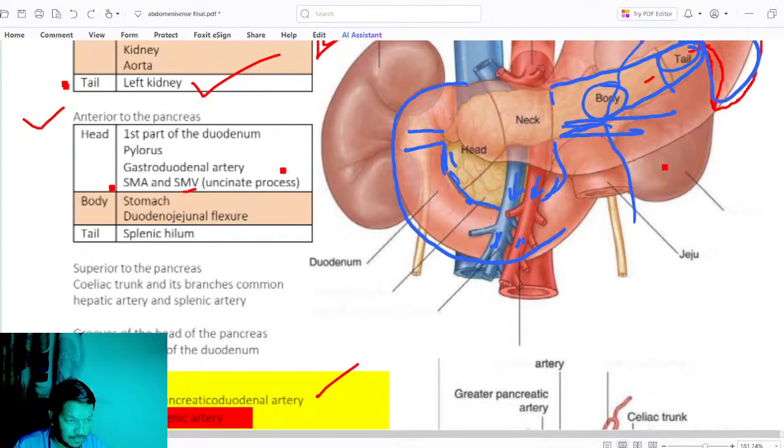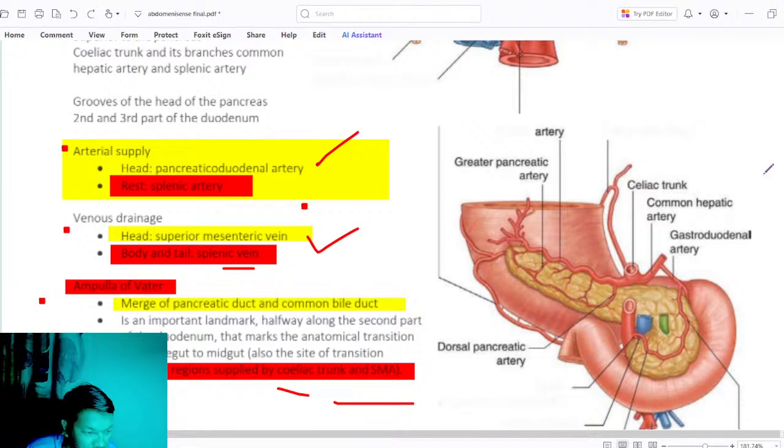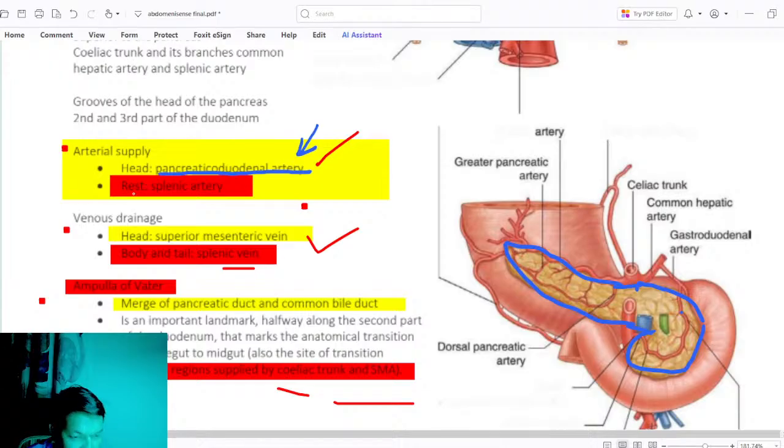Then arterial supply. This is an exam question. Arterial supply: this is head, then neck, body, and tail. Okay. So head part is supplied by the pancreaticoduodenal artery, and the rest is by the splenic artery.